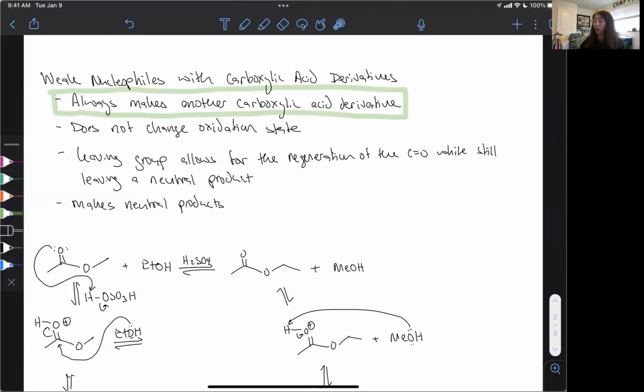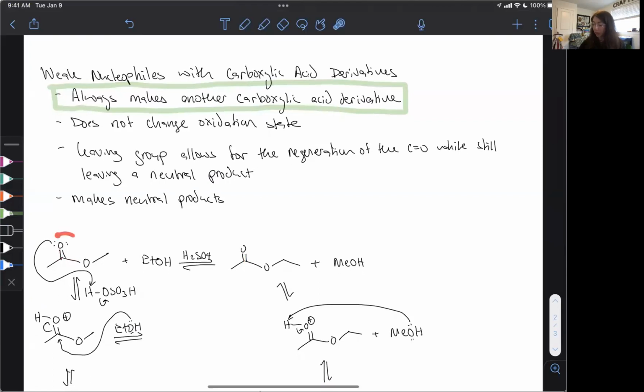The other thing we want to keep in mind is that if you're starting with an ester, you should be ending with one of the carboxylic acid derivatives. In my example, I've got an ester ending in another ester, right? You can have esters ending in carboxylic acids, or amides ending in carboxylic acids, or acid chlorides ending in amides, but they're all going to a different carboxylic acid derivative, not changing the oxidation state.